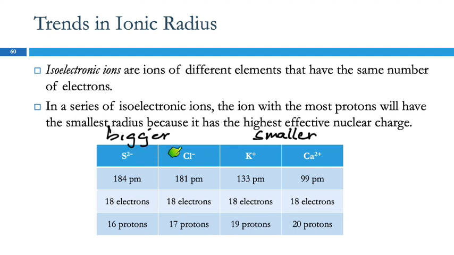This 2 minus is going to be bigger than the 1 minus, and the calcium 2 plus is going to be smaller. And these are the actual radii, 184, 181, 133, 99. So in a series, the one with the most protons will have the smallest radius, the positive ion with the biggest charge.